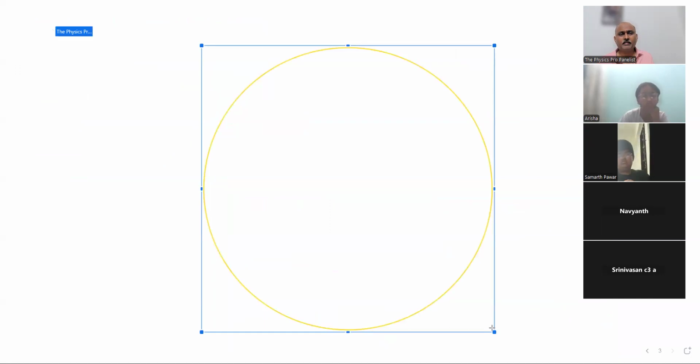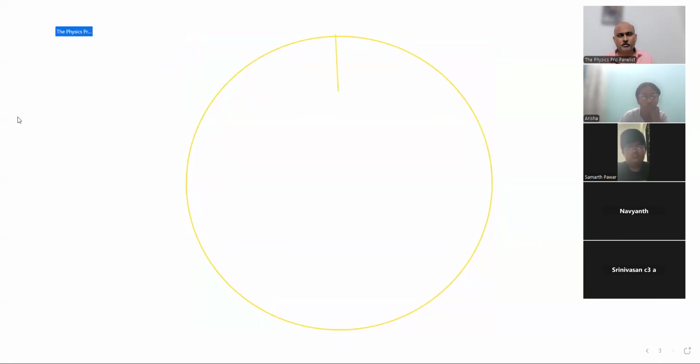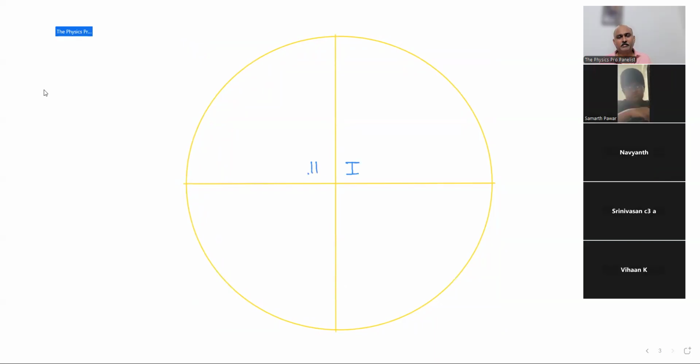All of you are aware that there are 4 quadrants of a circle: first, second, third, and fourth quadrant. Very good. So these are the 4 quadrants of the circle. This is first, this is second, this is third, and this is fourth quadrant, right?